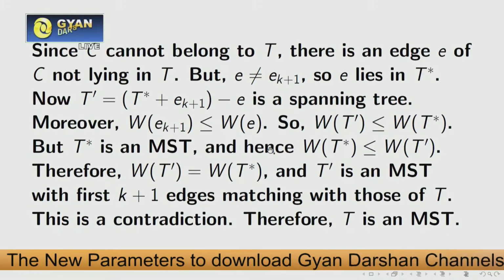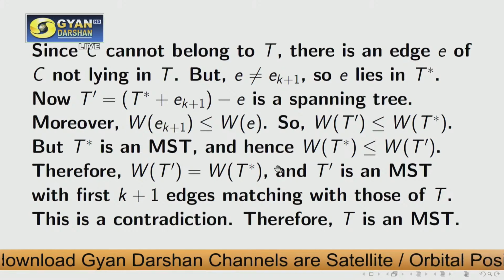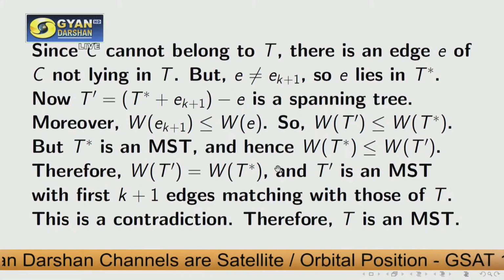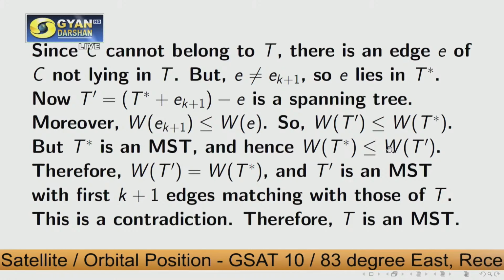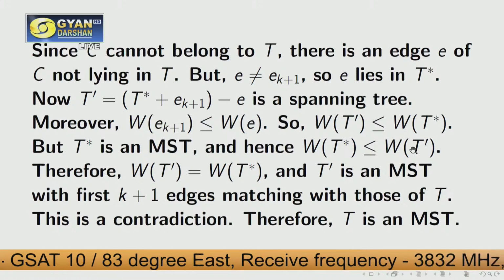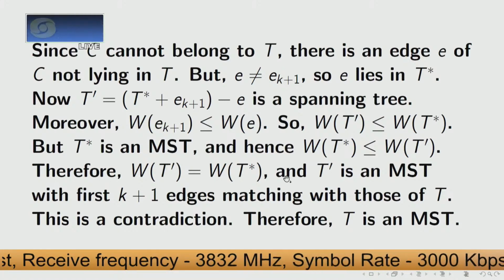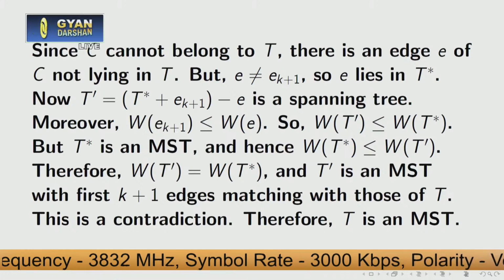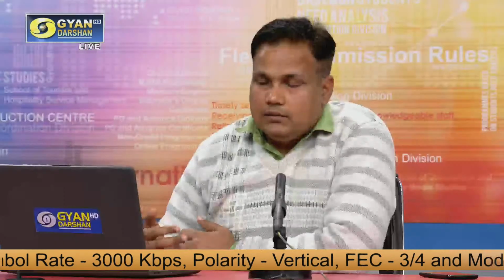But T star is actually an MST, so its weight cannot be greater than the weight of T dash, right? So the weights of both T dash and T star are equal, and this proves that T dash is an MST.